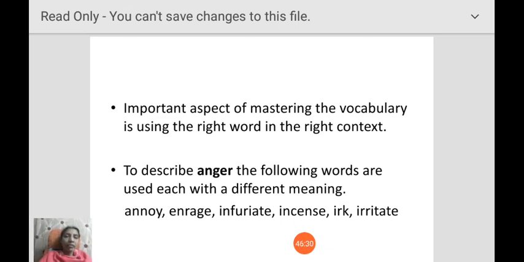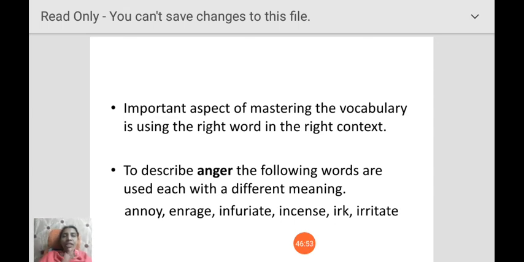Irk is annoying, making someone angry, whereas irritate is to provoke impatience in the person. He gets displeased, he gets angry, and a kind of impatience generates in the person. That's why irritate.